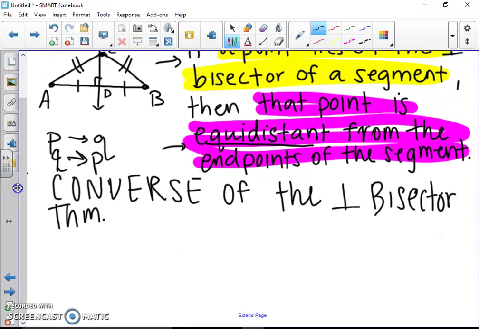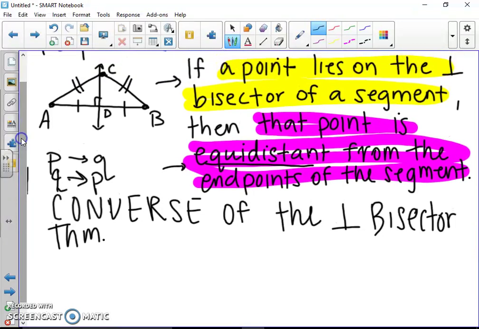So I'm still going to draw the same figure here. I'm going to start with that same figure. I've got a segment AB. But instead of starting with a point lying on the perpendicular bisector, I'm going to say this.